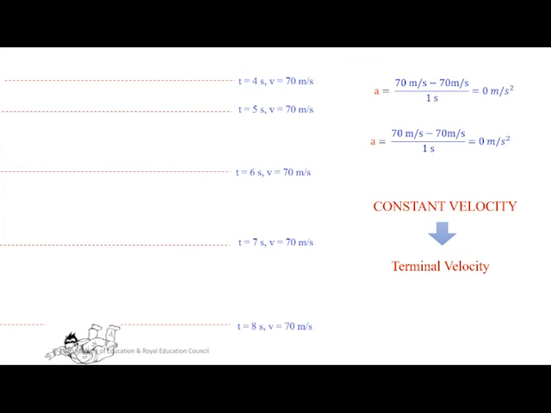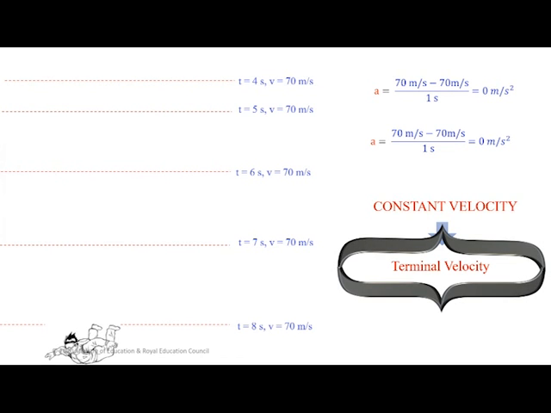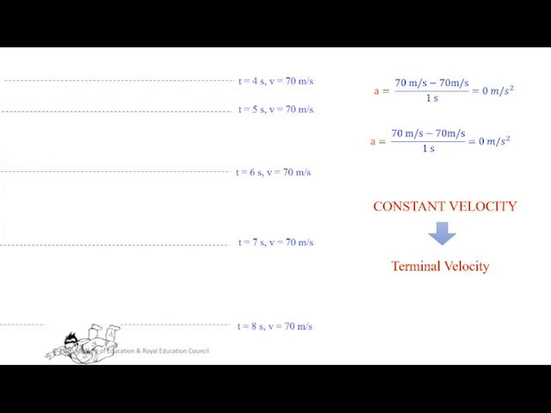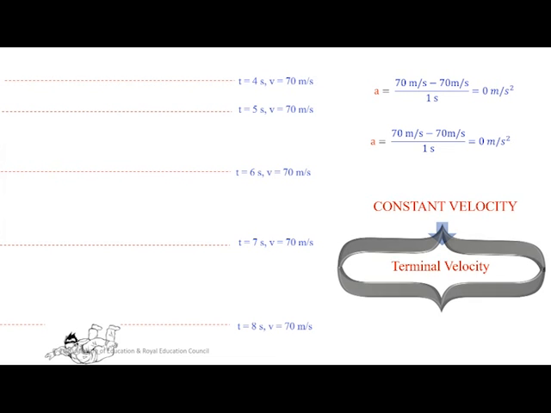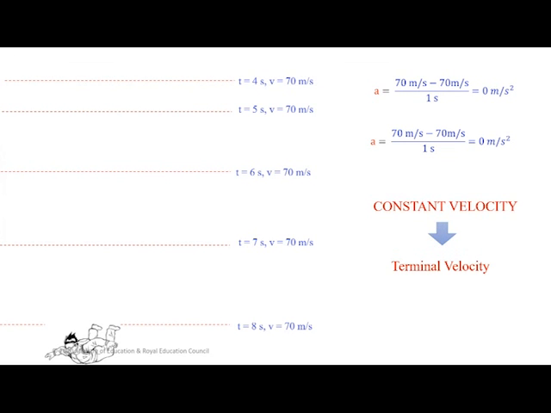So what is terminal velocity? Terminal velocity by definition is the maximum constant velocity acquired by a falling object.